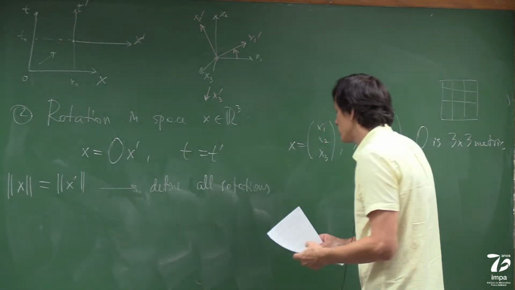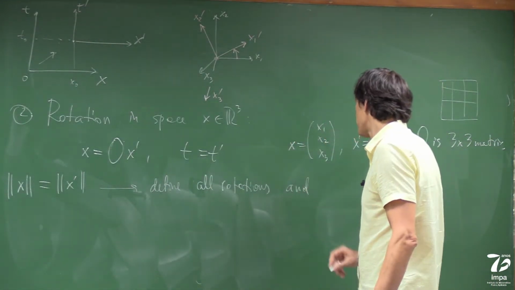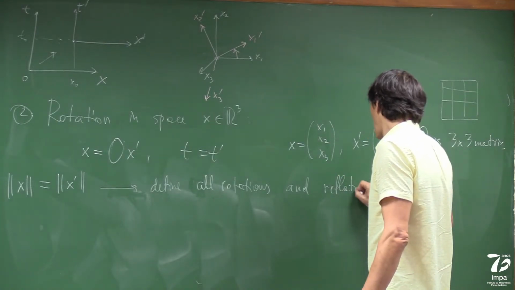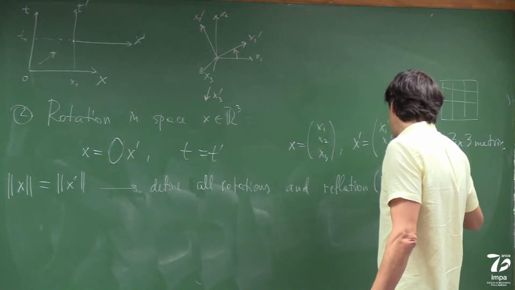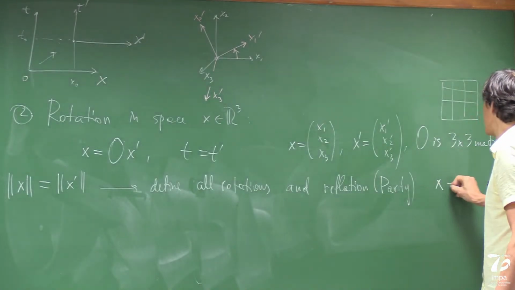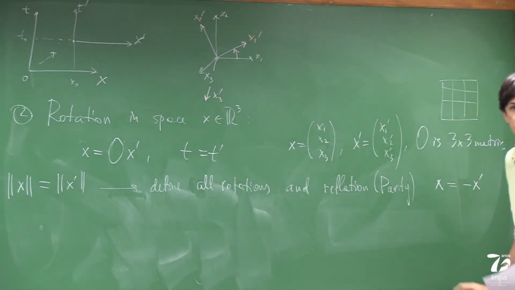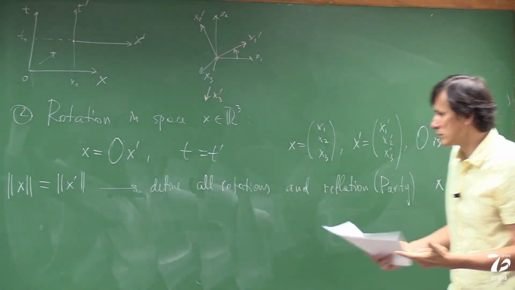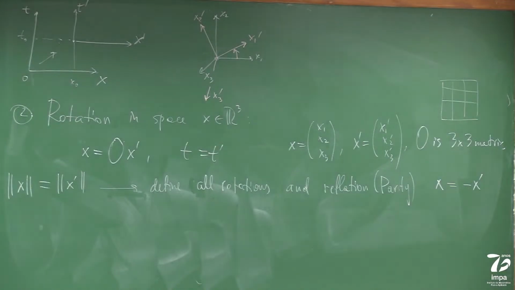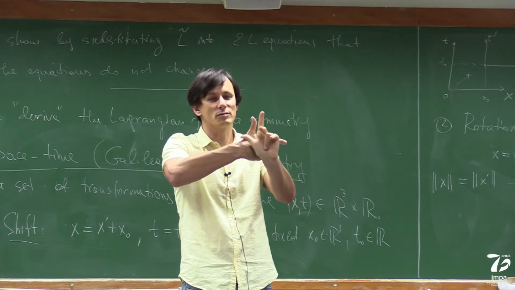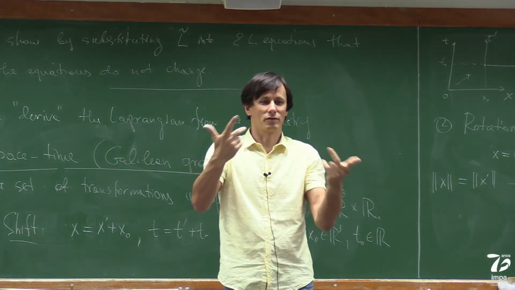So it's all rotations and reflection, or parity transformation, which is just when x equals minus x prime. When you change all coordinates by minus, you should have seen this before: it's left hand, right hand.